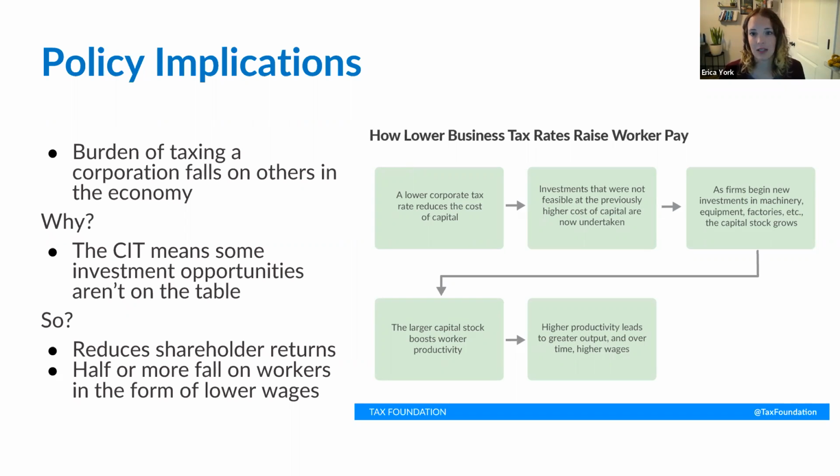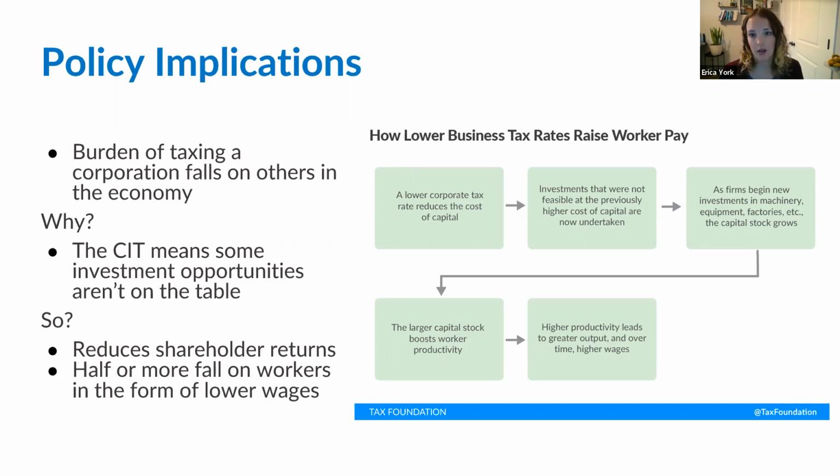A recent study of this looked at tax rates in German municipalities over a 20-year period and found that workers bore about half the burden of the corporate income tax, and that low-skilled, young, and female employees bore an even larger share of the burden, implying that workers on the margin are affected more by the corporate tax. Our model reflects this current thinking, and so when we model a corporate tax change, we assume that half of the burden is ultimately borne by workers due to the effects on investment, productivity, and wages.